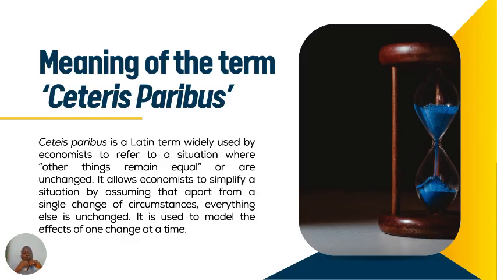But in order for us to understand and analyze the situation at hand, we are most likely going to hold those factors constant. Sometimes the reason why they might be held constant is the time period we are looking at.